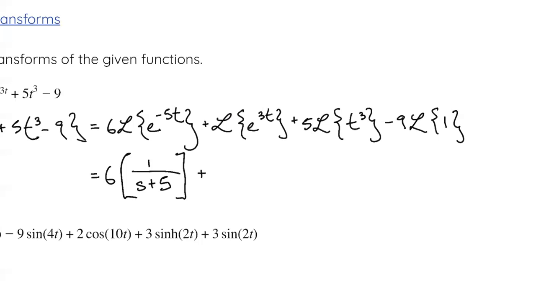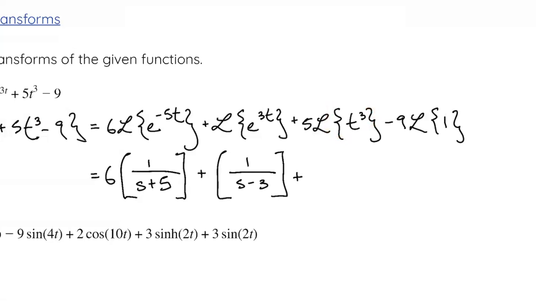Yeah, it's 3. So that's going to be 1 over s minus 3, right? Plus, now we're going to look for a different line on the Laplace transform table. In fact, we're going to be looking at line 3 on the table.